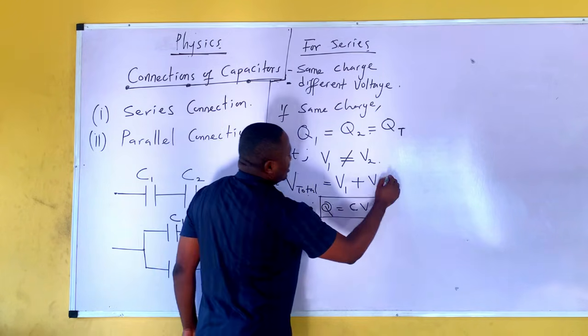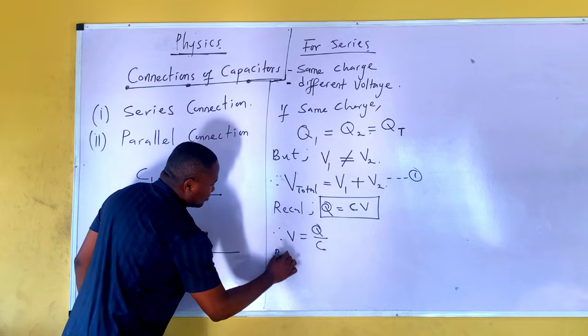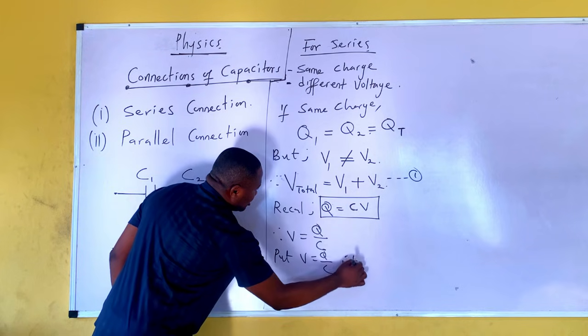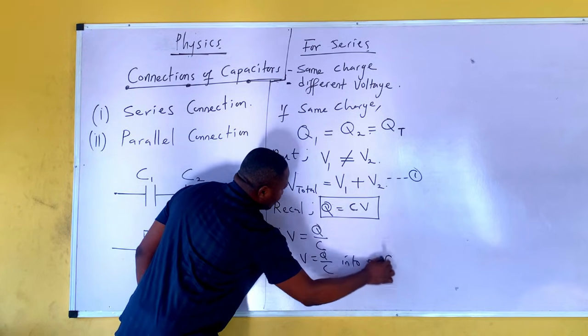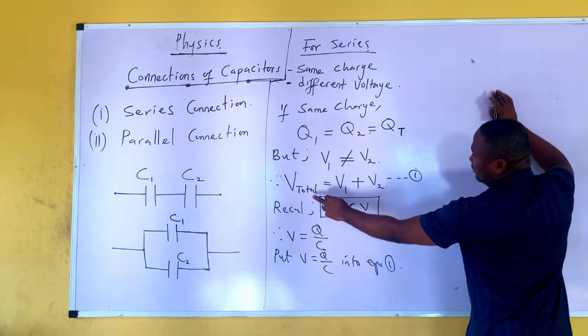So therefore, put this into this. Let me give you this as equation 1. So now put V equals Q over C into equation 1. So what are we going to be having? Remember this is V total.